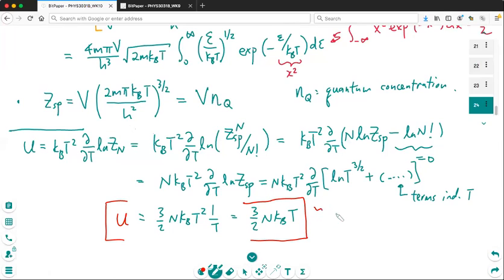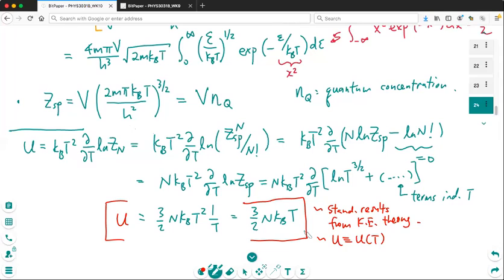Okay, why is this famous? First, this is a standard result from kinetic theory of gases. Second, it shows that the internal energy of an ideal gas is only a function of temperature.